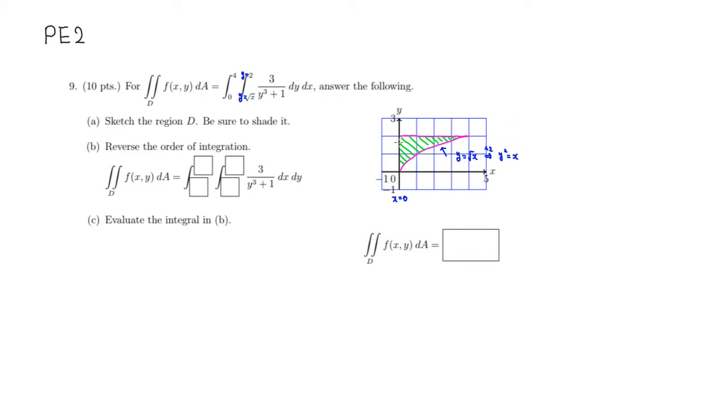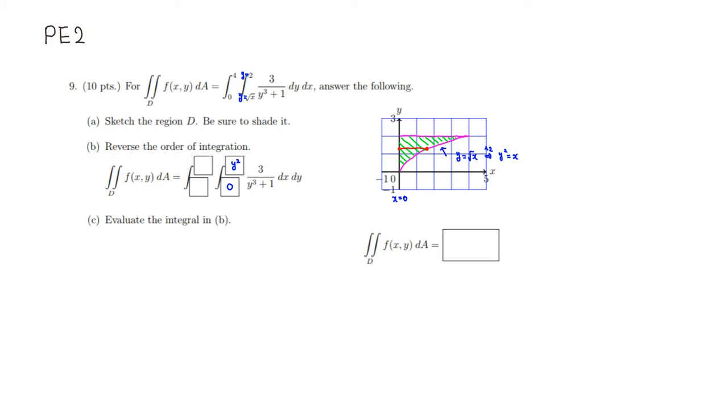So for a fixed y value, x is going to start from x equals 0 all the way to x equals y squared.